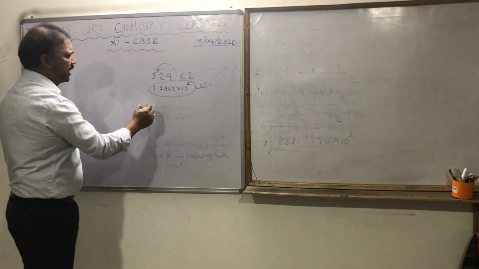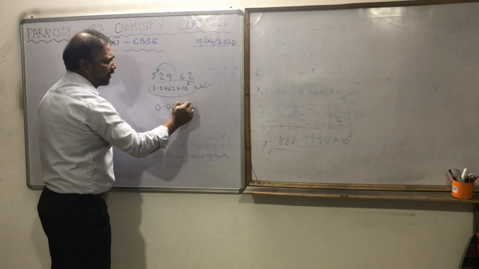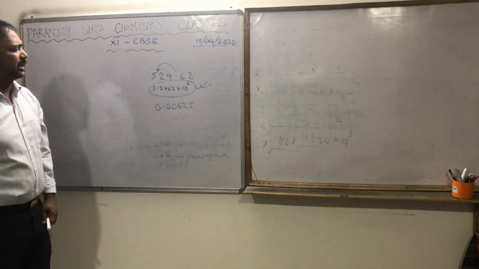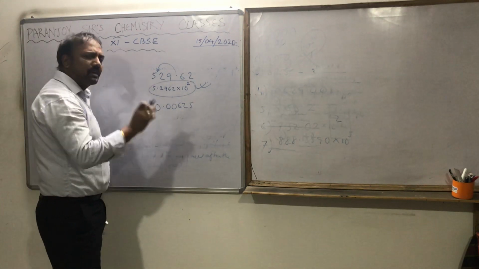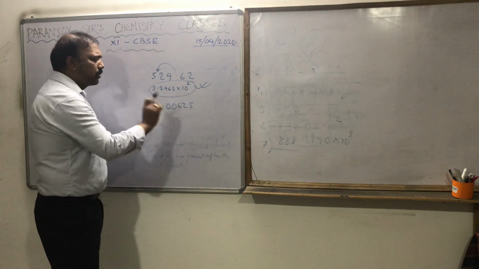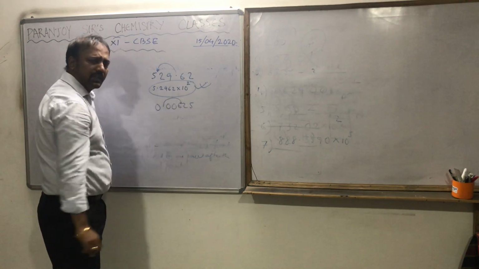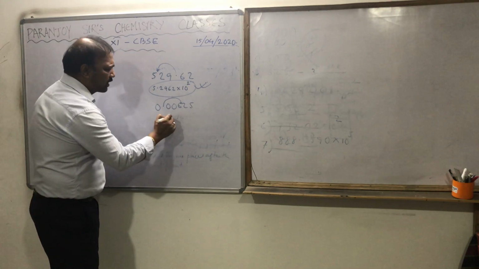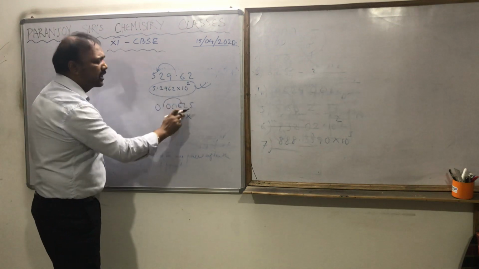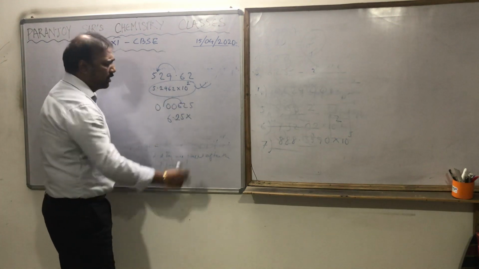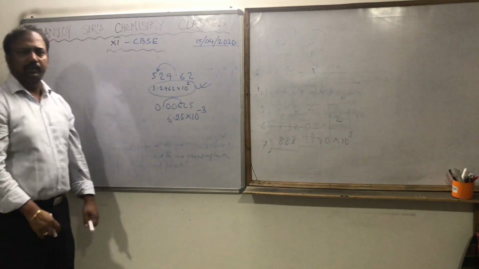Or suppose I take one number, 0.00625. Obviously, this is not scientific notation. Scientific notation, as I told, the main number has to be in between 1 to 10. So you have to shift this decimal point over here. Yes. So if I shift the decimal point over here, it will be 6.25, and since I am shifting it 3 digits to the right hand side, it will become 10 to the power minus 3. Is it clear?